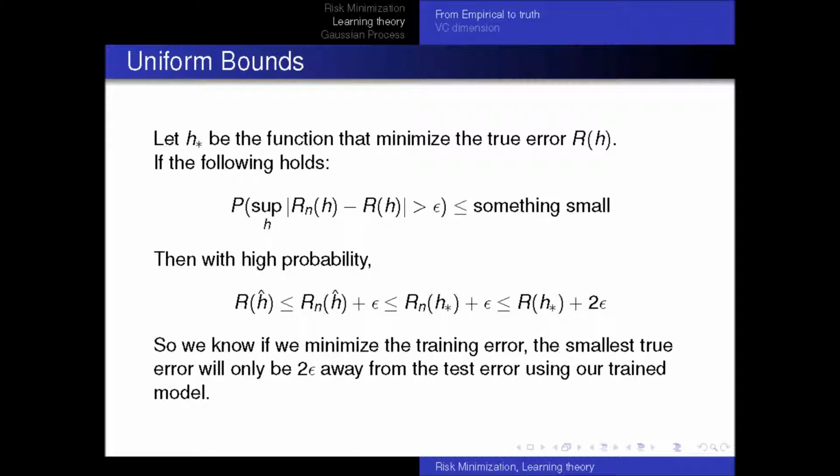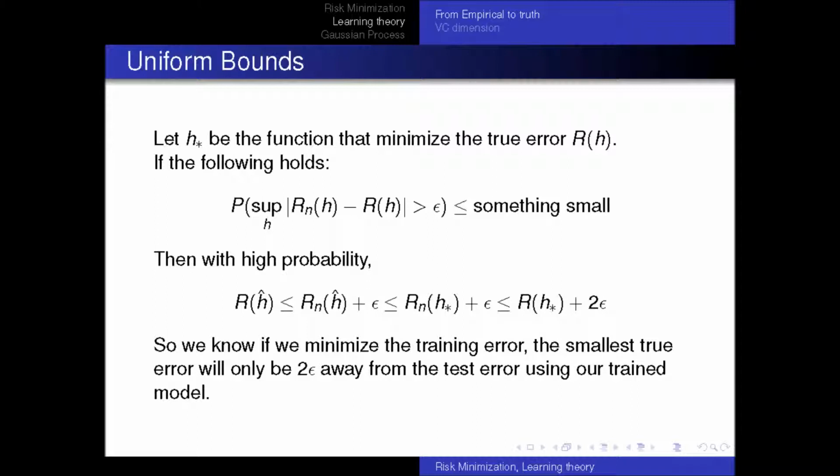Yes, that's right, in the same hypothesis class. Always assume there is a large hypothesis class, big H, and each h is taken from this big H. This H can be finite or infinite.